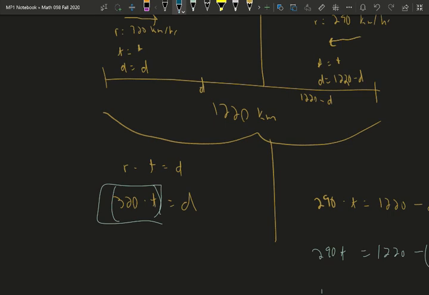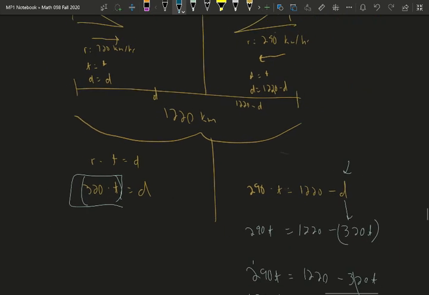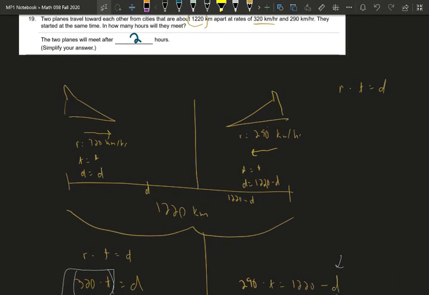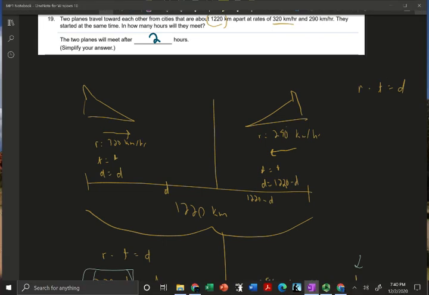It would have been 320 times 2, which is 640. So if it's the distance from here to the meeting point, it would be 640. And for the other distance, from the other side to the meeting point, I would have plugged in for the second equation. Anyway, guys, all good. Hope you learned something here, and hope this helped.